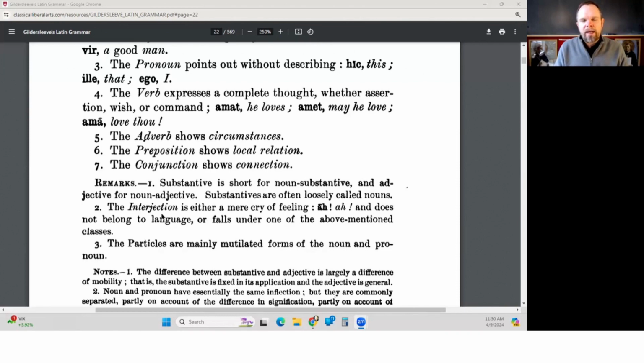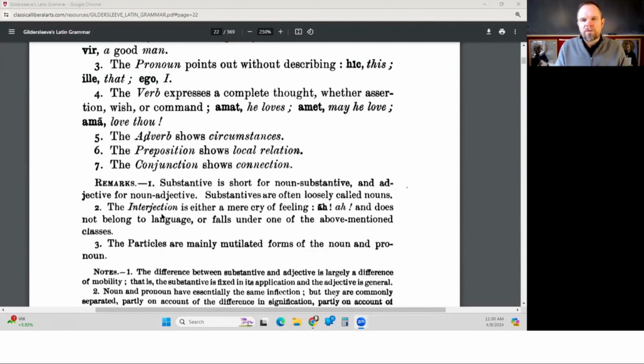I want to know, how does he love? Tell me more about his love. And I could say, he loves ardently. I can say he loves very much. That word ardently is an adverb. It adds detail, it adds circumstance to the verb.